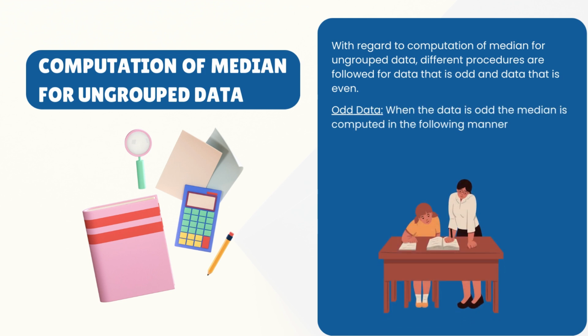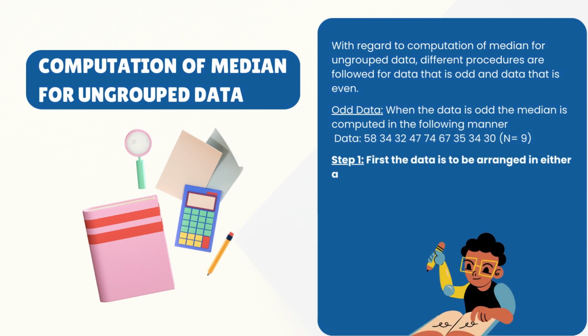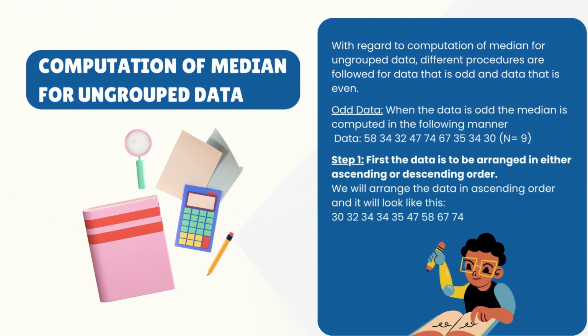Suppose you have an odd data set, which means your n is odd. You can see on the screen we have a total number of data of 9, which is odd. How do we calculate the median? In step 1, the data is to be arranged in either ascending or descending order, it is up to you.